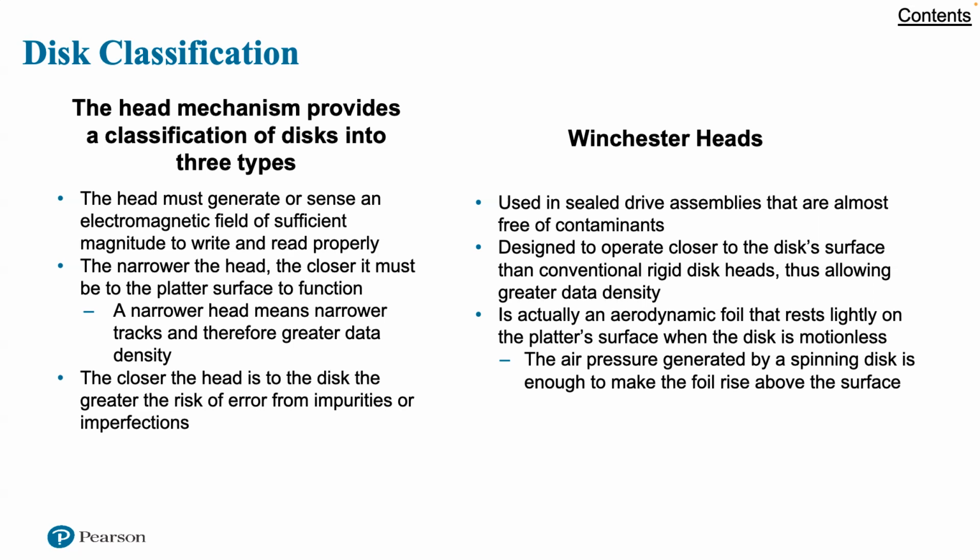The head is actually an aerodynamic foil that rests lightly on the platter surface when the disk is motionless. The air pressure generated by a spinning disk is enough to make the foil rise above the surface. A resulting non-contact system can be engineered to use a narrow head that operates closer to the platter surface than conventional rigid disk heads.